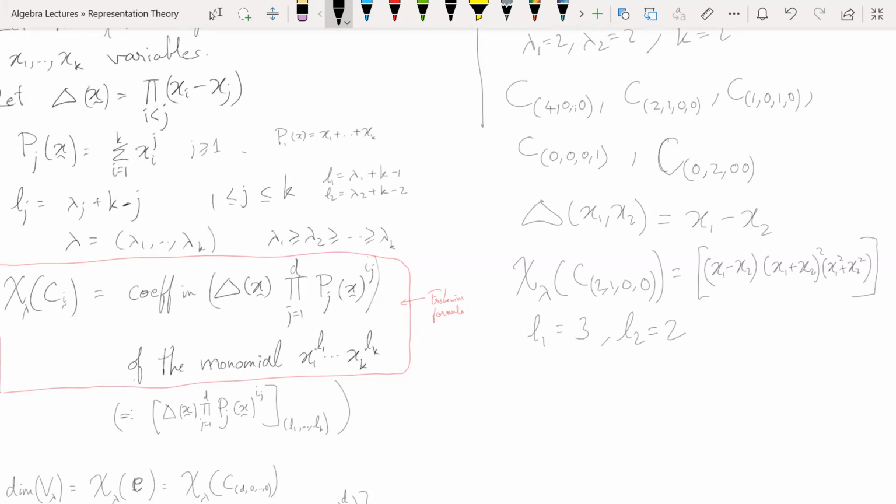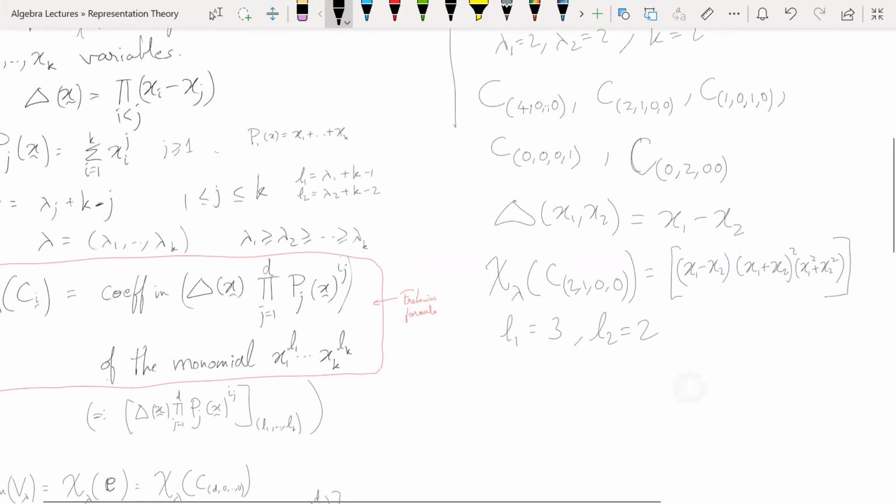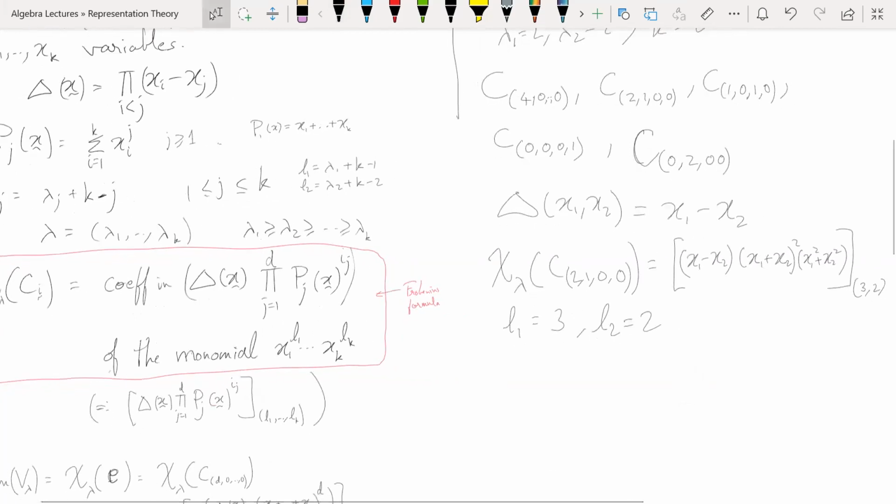And then we want the coefficient of x1 power 3 and x2 square in this guy. And what is that coefficient going to be? I hope I haven't messed it up.